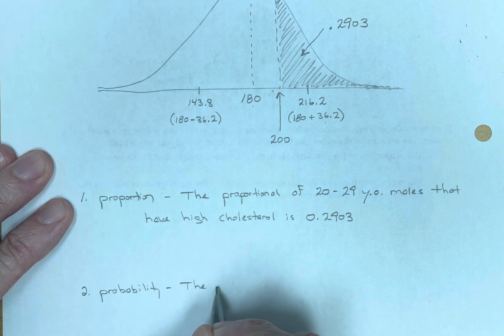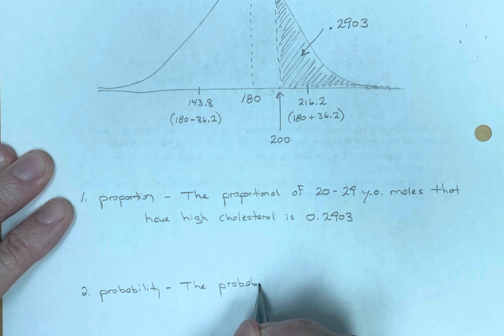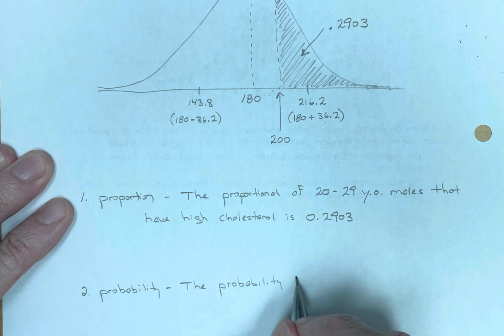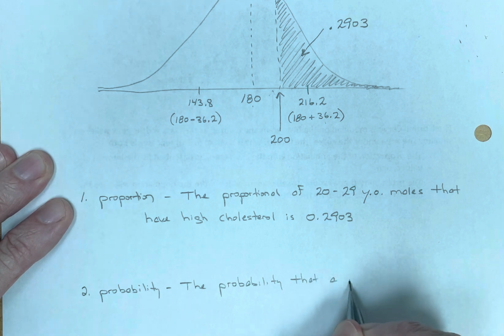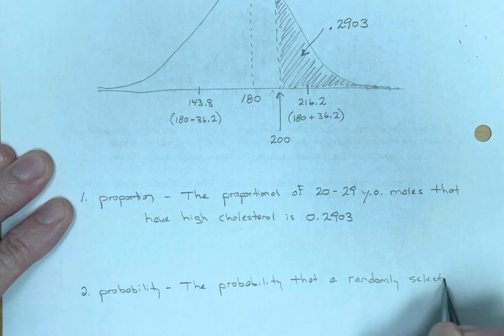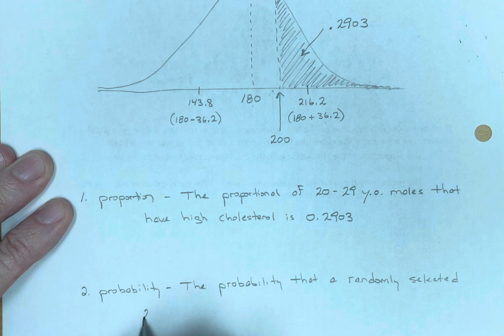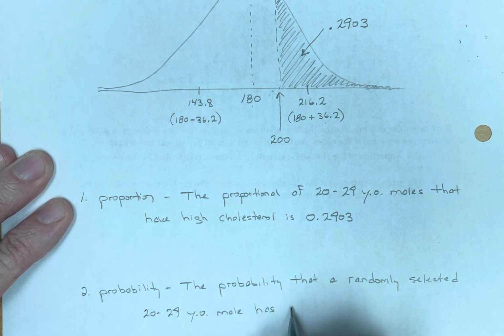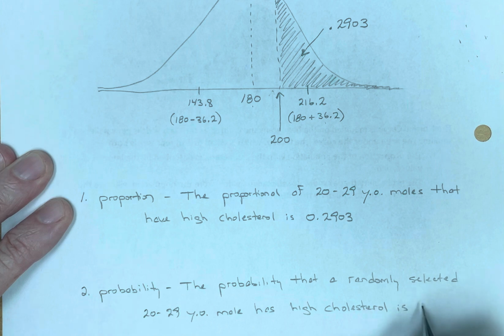The probability that a randomly selected 20 to 29-year-old male has high cholesterol is 0.2903.